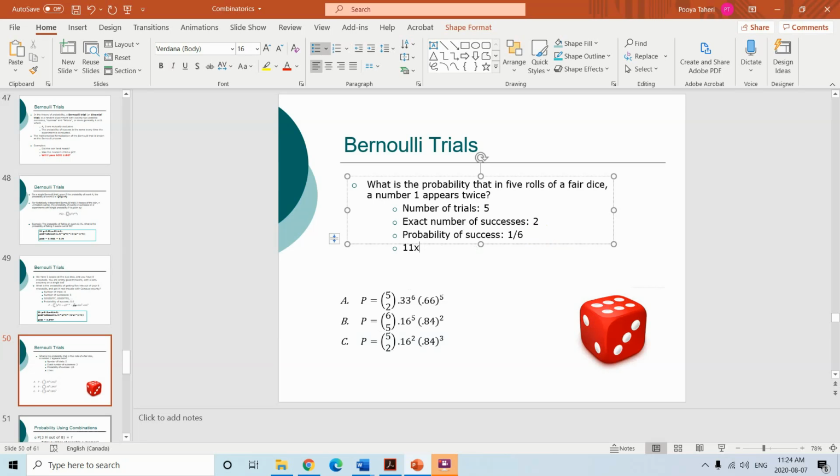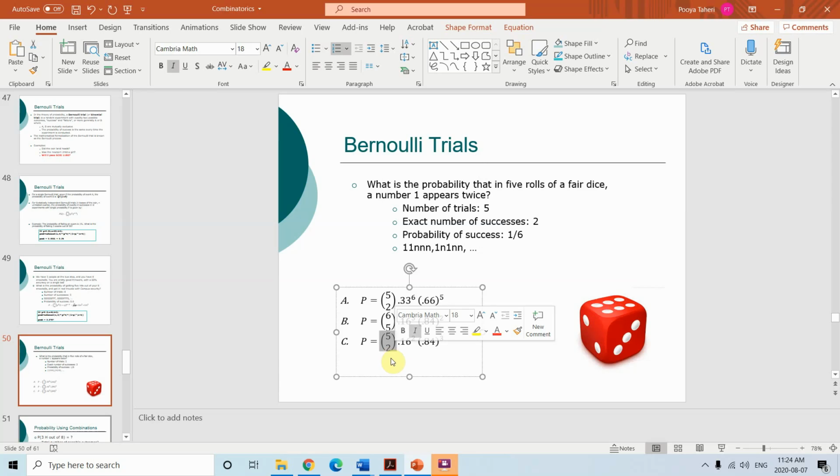Like 1, 1, not 1, not 1, not 1. Another sequence would be 1, not 1, not 1, and so on. We want to see how many different sequences like this we have. Basically we have to choose 2 out of these 5 positions and place 1 in them.